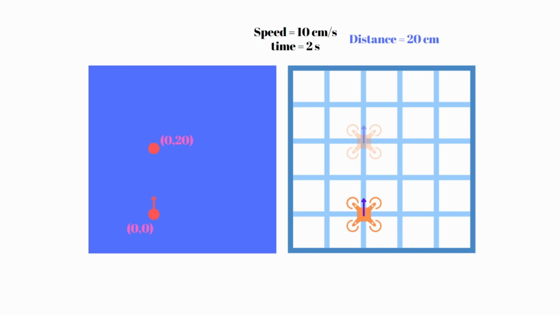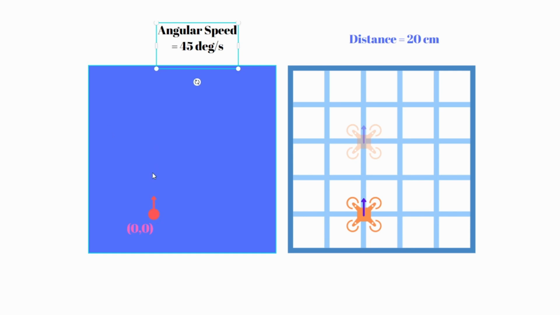But let's have a look at what happens when we introduce an angle. Let's say that we do not move forward. All we do is rotate. So we are just rotating like this. The idea is that we have our angular speed, so let me bring that back. Let's say that we have our angular speed as 45 degrees per second.